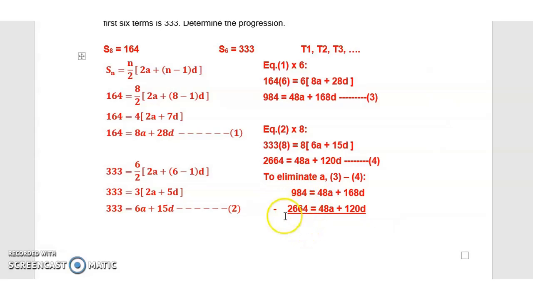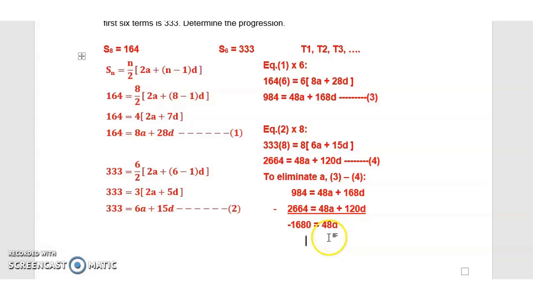So here 984 minus 2664 is negative 1680. So 168d minus 120d is 48d.